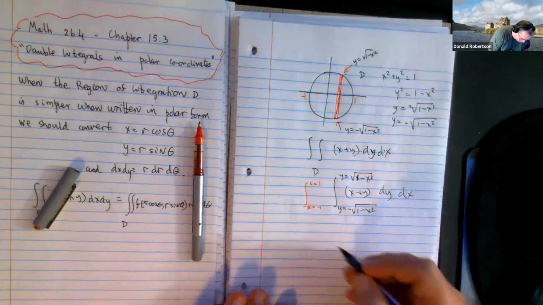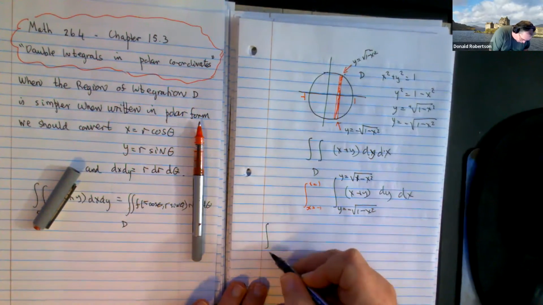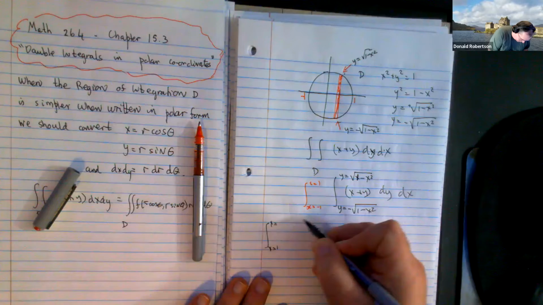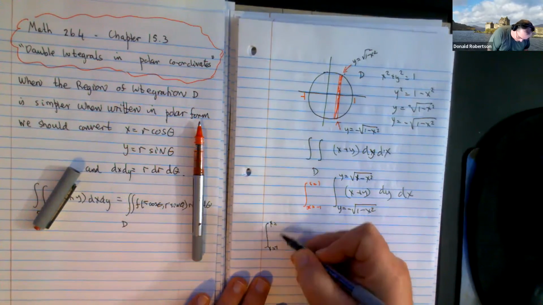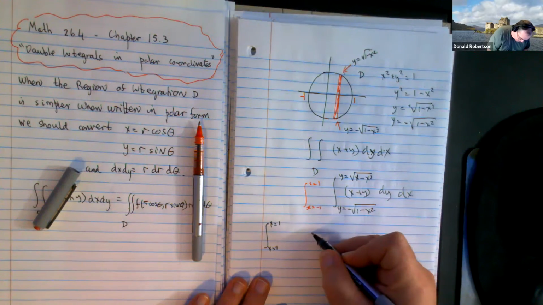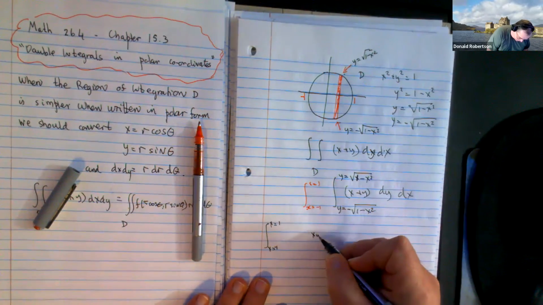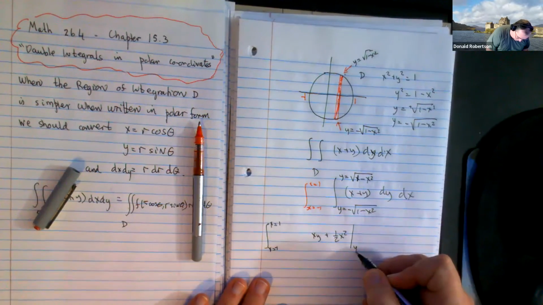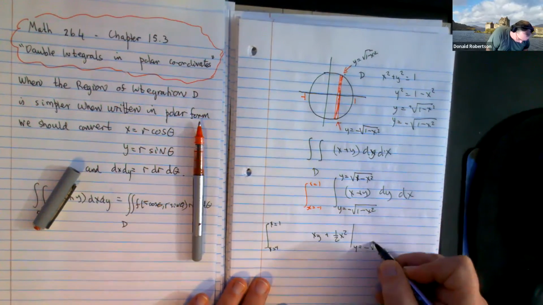I'm only going to take this one step further to show you why this would not be a good idea. If you integrate this, you will get xy plus a half y squared, evaluated at these two places.